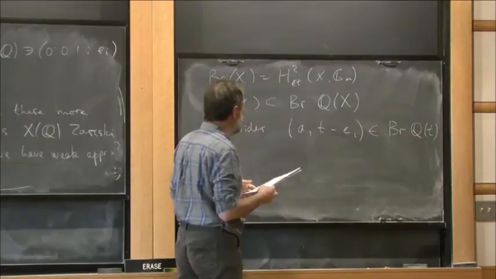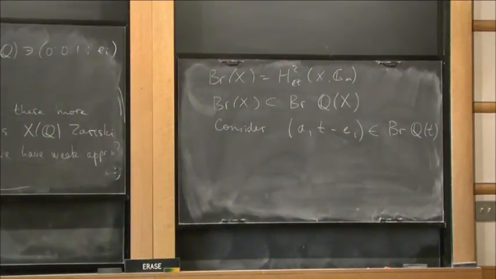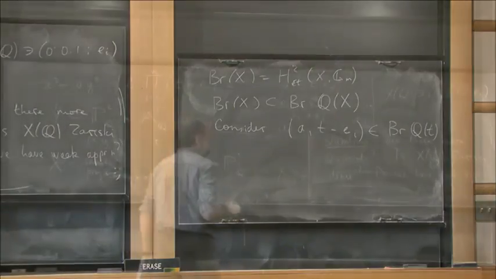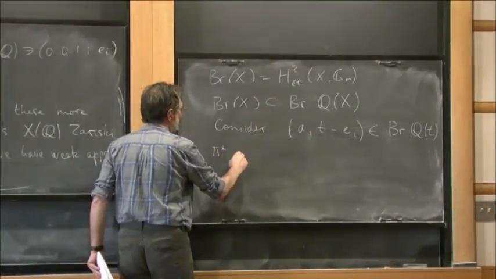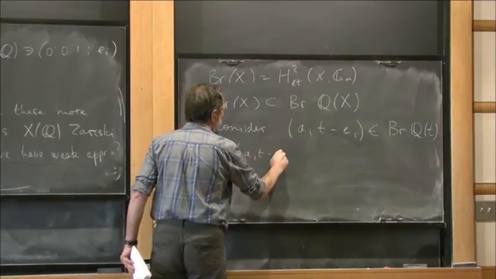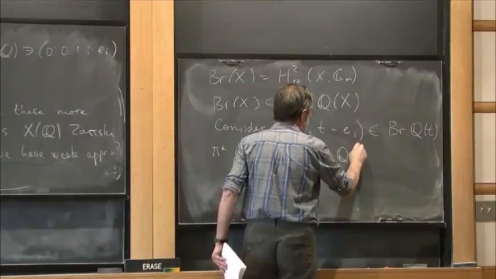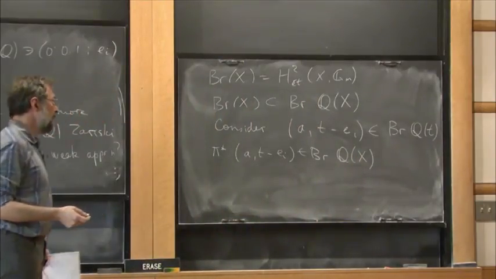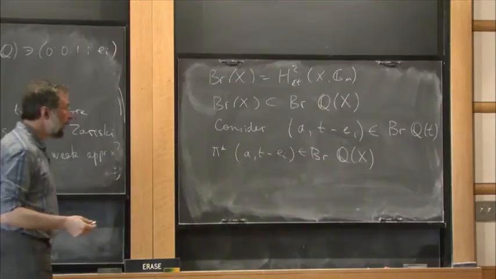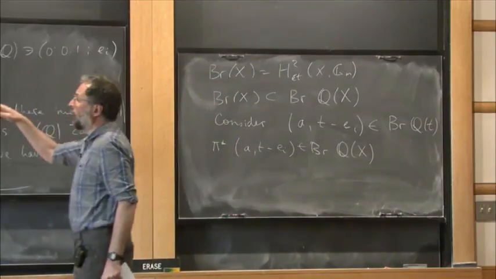And we would like to lift it. So let me call this morphism pi. I want to consider the inverse image of this class in the Brauer group of the function field of X. And it turns out that this is in fact an element of the Brauer group of X. So the residues are all trivial.